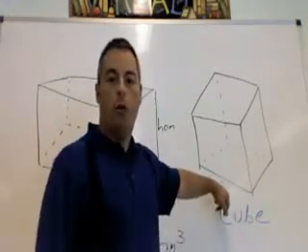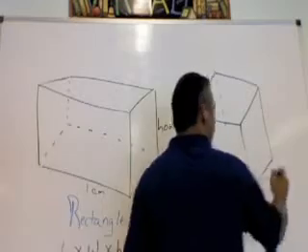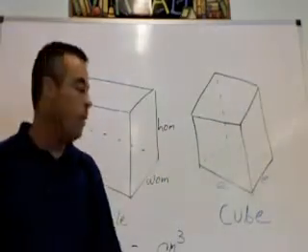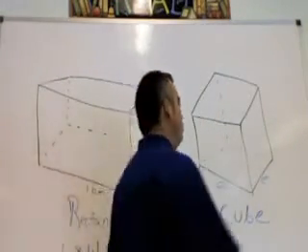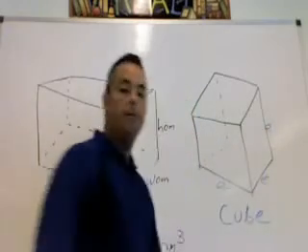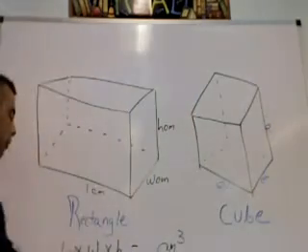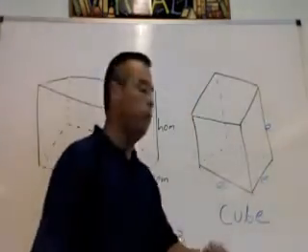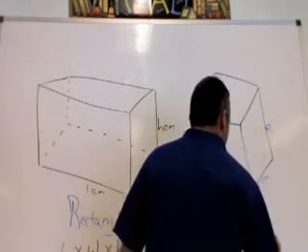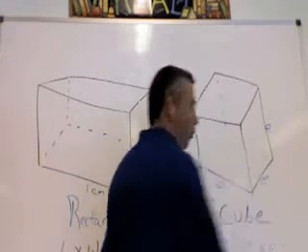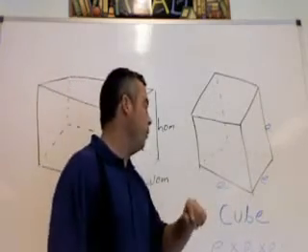It is also equal to the length, so I will label it E as well. And then finally, the height of my cube is the same length as well, so I will label that E. I plug it into my original calculation, which simply is multiplying all three sides. So E times E times E will equal the volume of this cube.